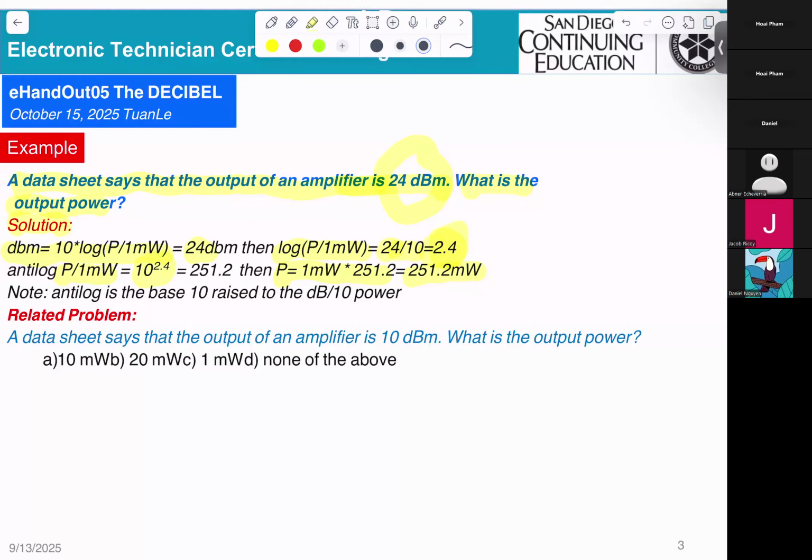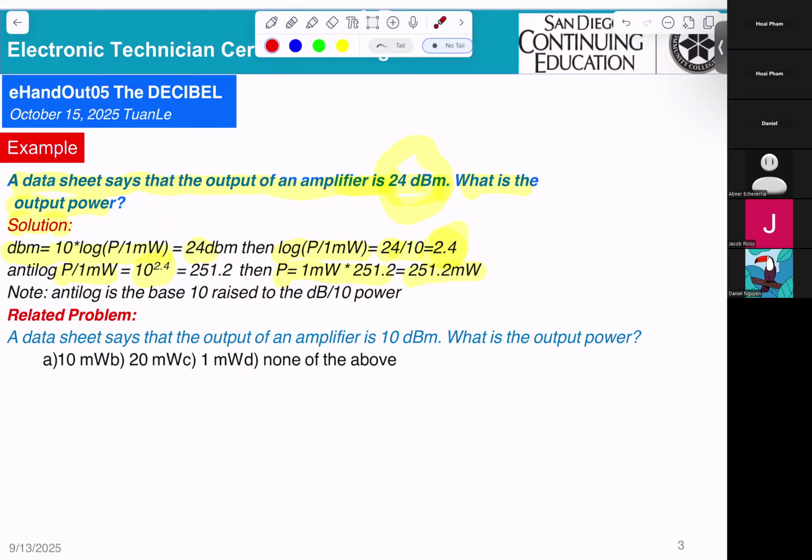What they say: a data sheet says the output amplifier is 24 dBm. What is the output power? Now, you can see the solution. dBm equals, this is the formula, 10 times log of P1 over 1 milliwatt. And that equals 24 dBm. Now you want to take the log only.